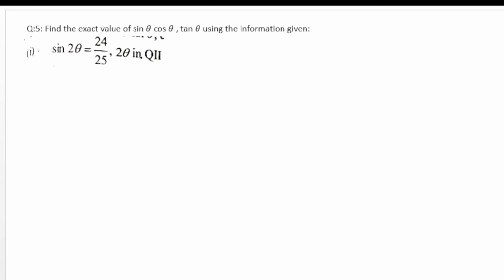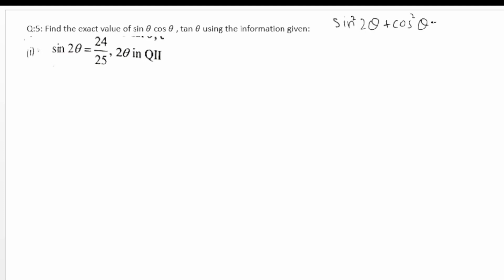Before solving the question, let me tell you about the formulas that we will apply over here. So this is sine 2 theta. In a simple way, we can find the cos 2 theta. Let me write sine square 2 theta plus cos square 2 theta.